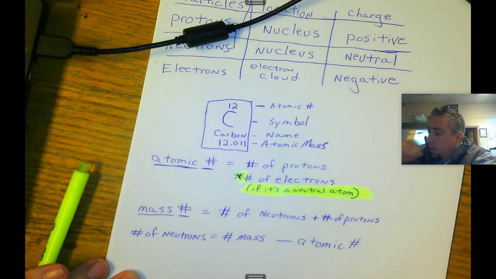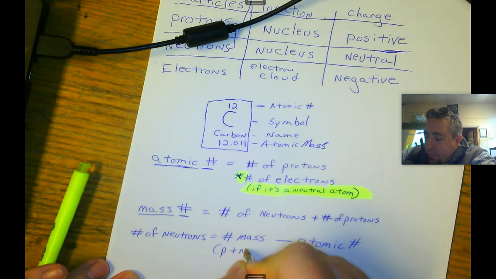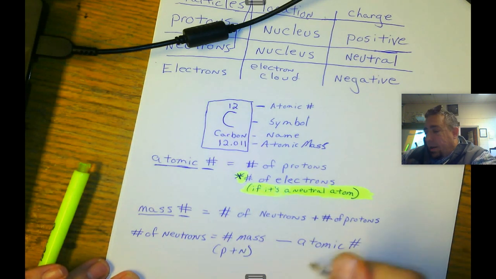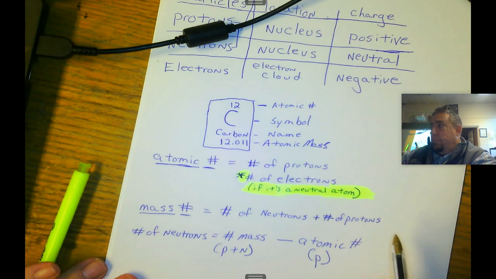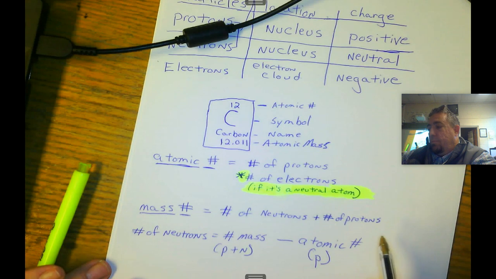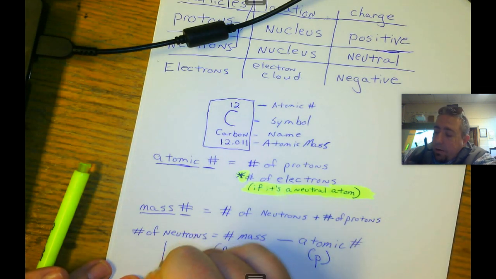Again, mass number is protons plus neutrons, right? And if the atomic number is the number of protons, what are we left with when we subtract the two? Right, number of neutrons.